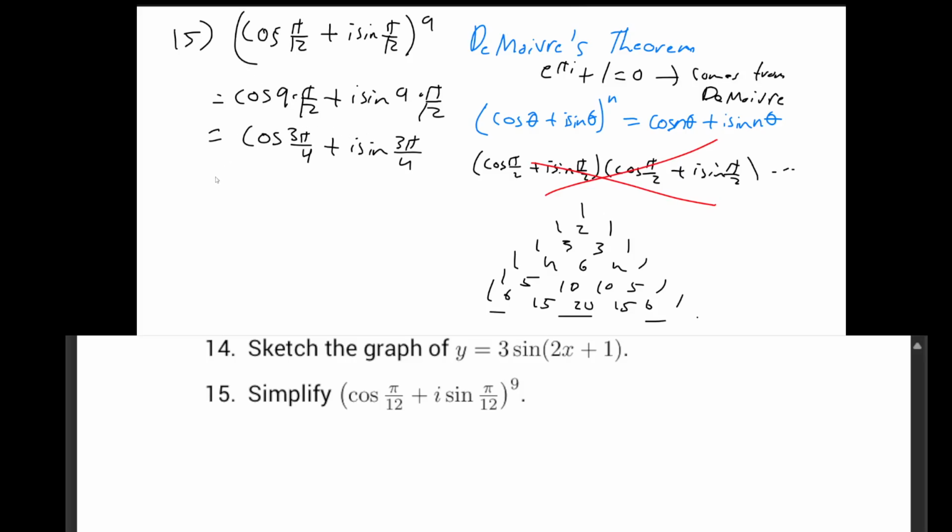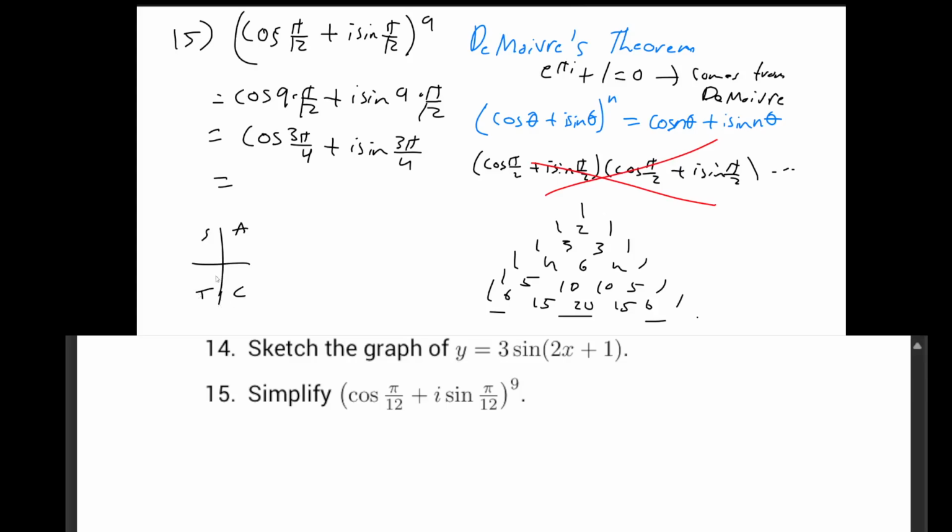Okay, so then cosine of 3 pi over 4, unit circle, gotta know it, gotta love it, or special right triangles, either way. Unit circle comes from special right triangles, or you can go directly from the special right triangles to get these answers, but that may take a little longer. Anyway, so cosine of 3 pi over 4, I'm just going to draw my ASTC here to recall.